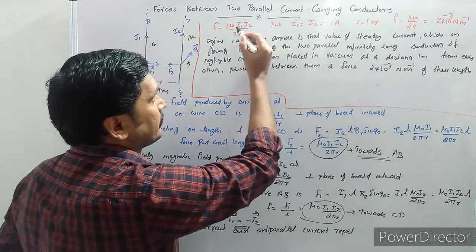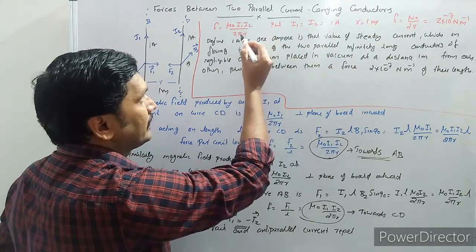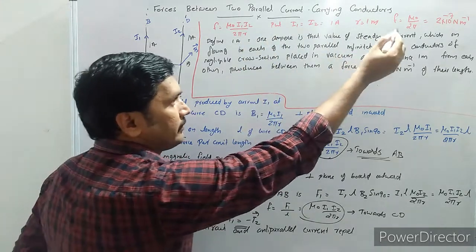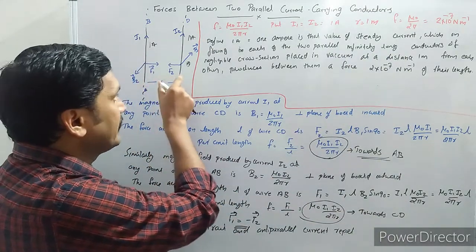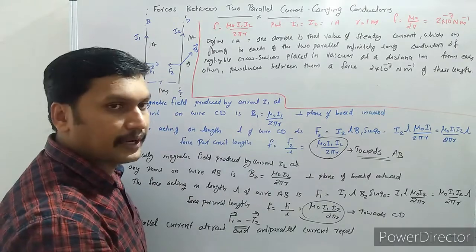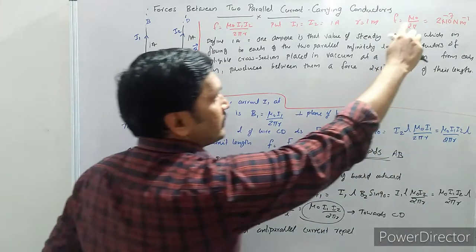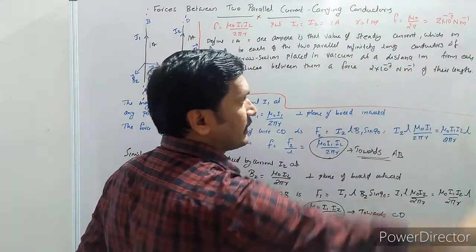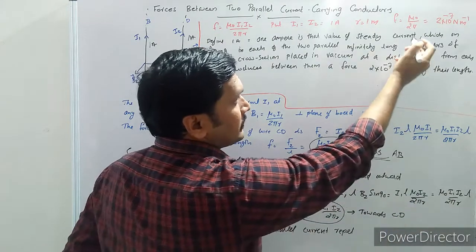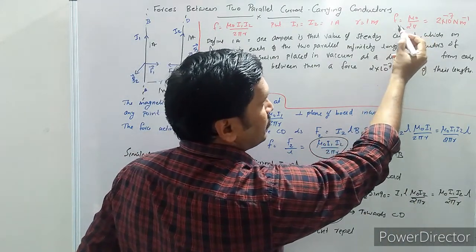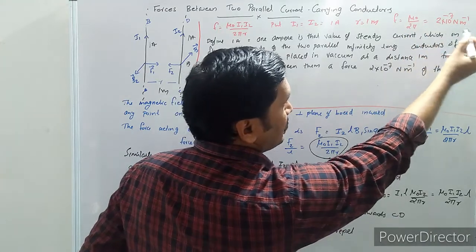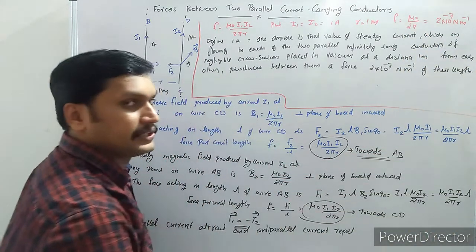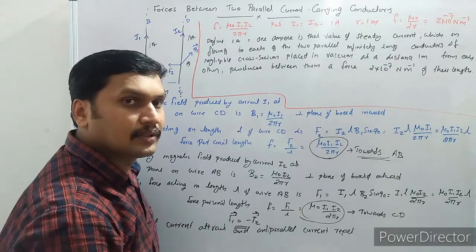In this equation, I1 I2 equal to 1 and r equal to 1, you get mu 0 by 2 pi. What is the value of mu 0? 4 pi into 10 raised to minus 7. Isn't it? So dividing, the force per unit length F is equal to 2 into 10 raised to minus 7 Newton per meter.